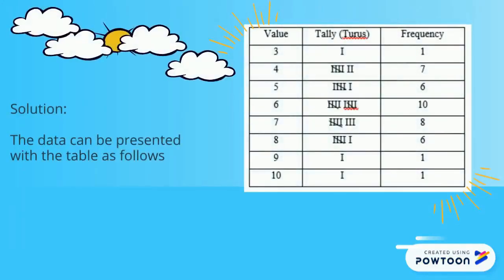Solution. The data can be presented with the table as follows: value, tally, and frequency. If the value is 3, frequency is 1. If the value is 4, frequency is 7. Until the value 10, frequency is 1.